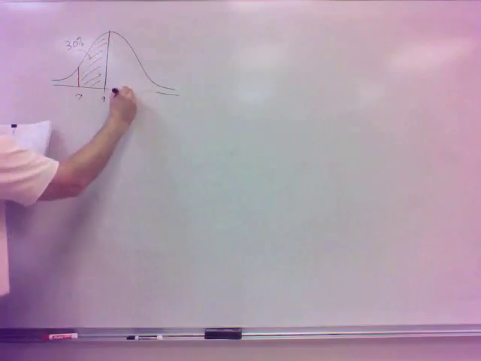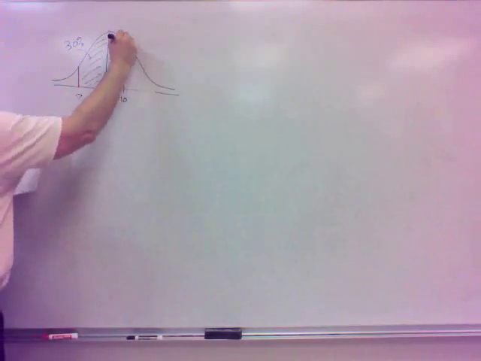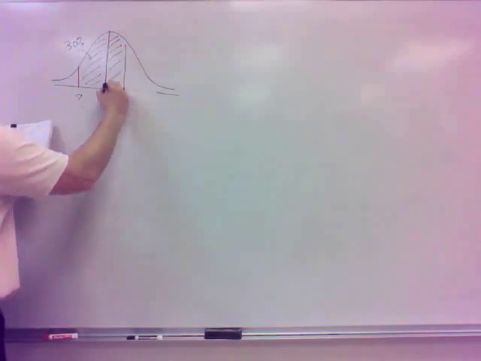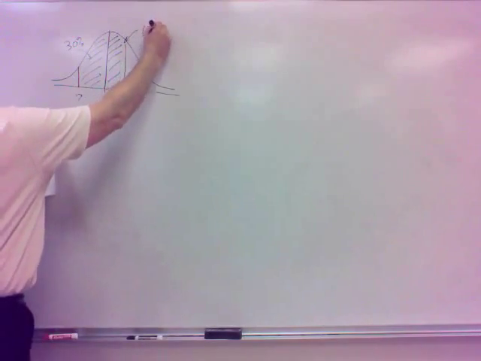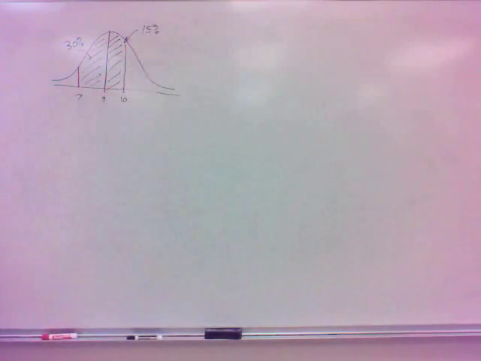And then from 9 to 10, that percentage there is 15%. I'm just making those numbers up, in case you're wondering. But here's the type of question we're going to be asked to do.